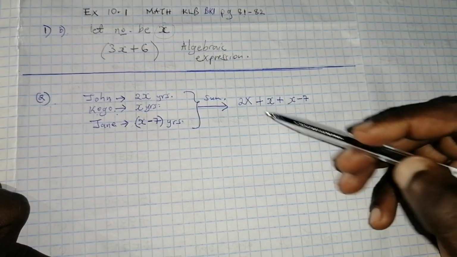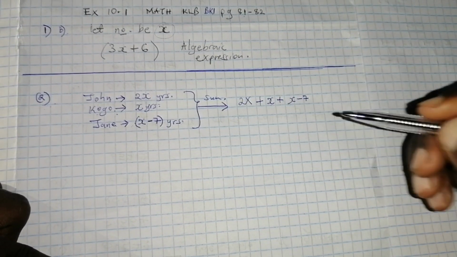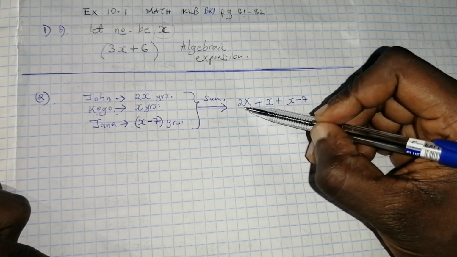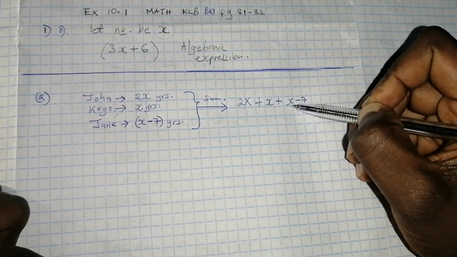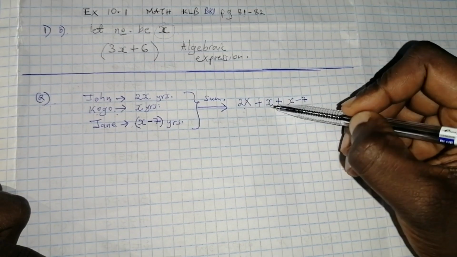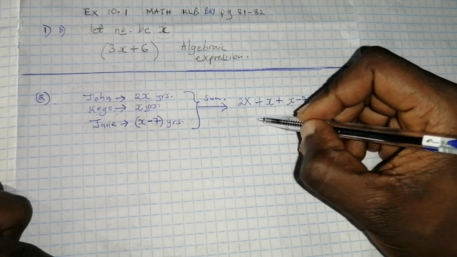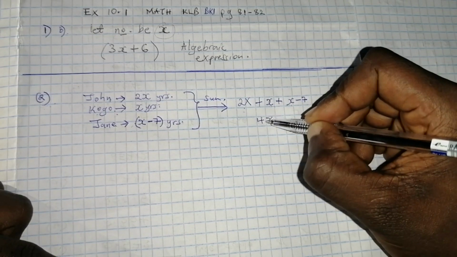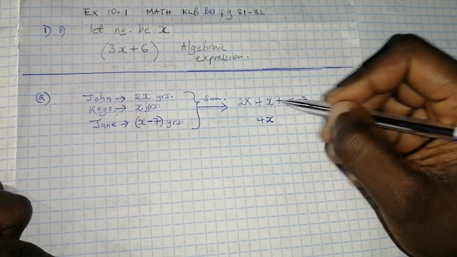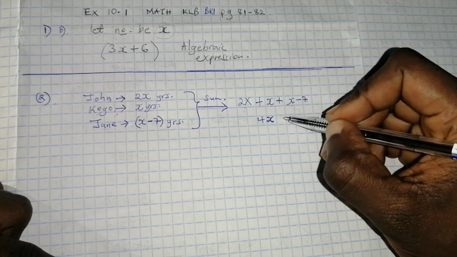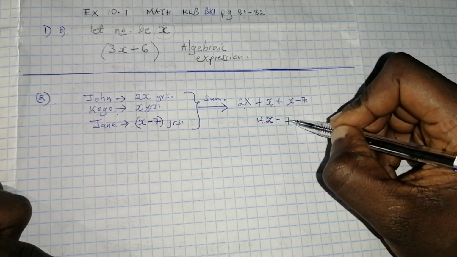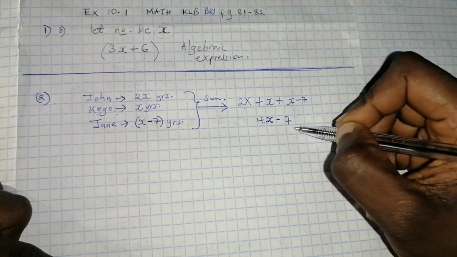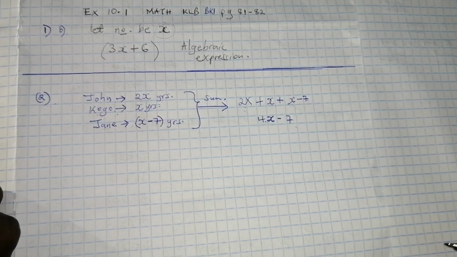And what are the like terms? These are just terms which are similar. 2x plus x plus x is simply adding 2 plus 1 plus 1, and that will give us 4x. The minus 7 will simply remain. You cannot add 4 and 7 because these are 2 totally different terms.